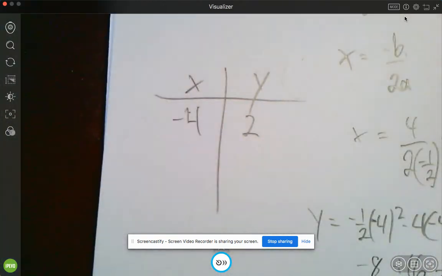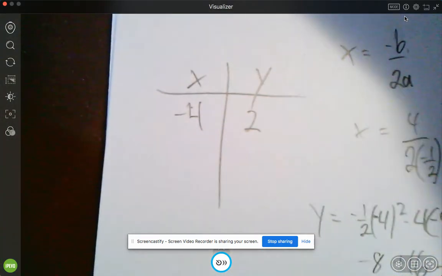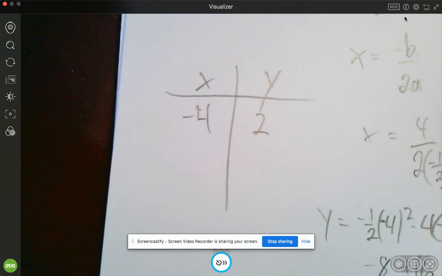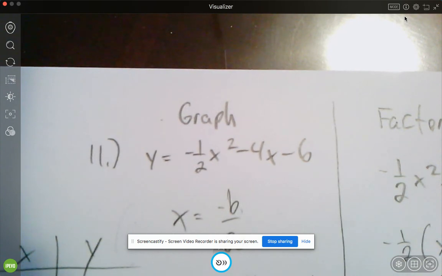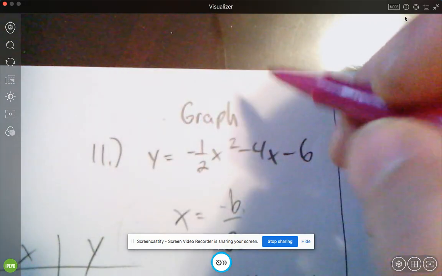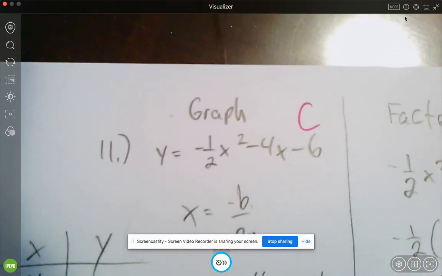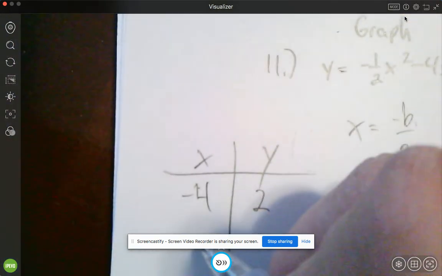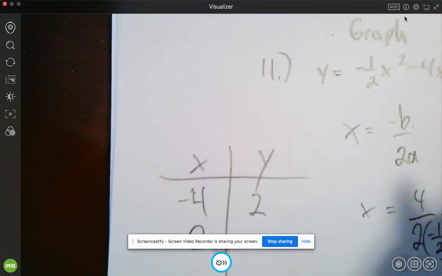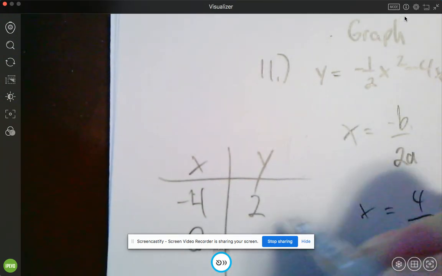Now let me throw in, this one I can fit my y-intercept. So remember when we were talking last week during the Hangouts, my y-intercept is not my a, not my b, but my c value. So I know that when x is equal to 0, I'm going to have an intercept at y is equal to -6.